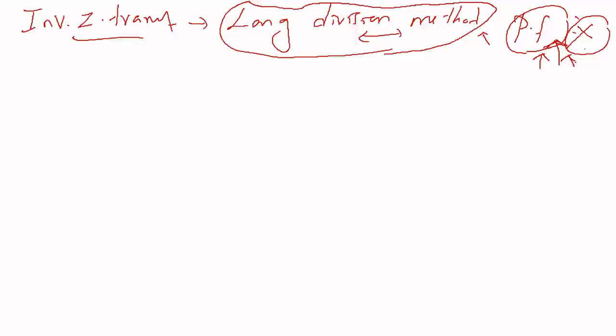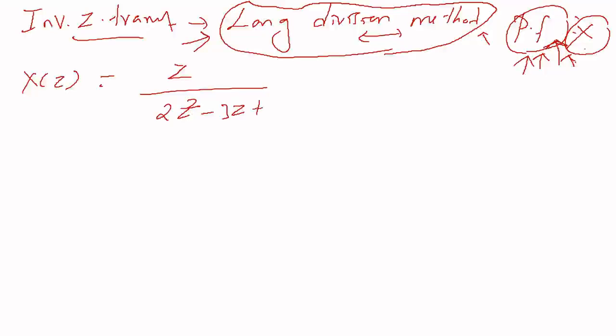This is exam specific: mostly use the long division method unless the question specifically asks you to find the inverse z transform using the partial fraction method. You cannot change that. Okay, so let us try to do this. X of z is equal to z by 2z square minus 3z plus 1.